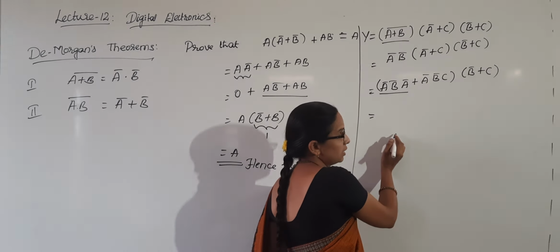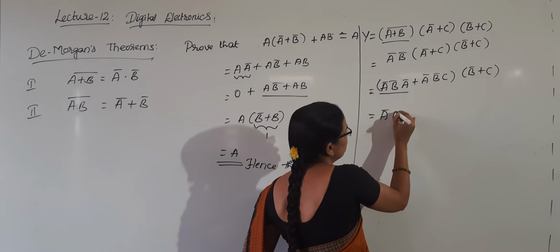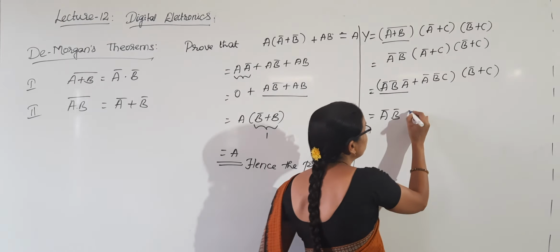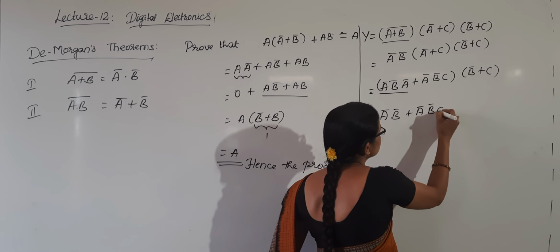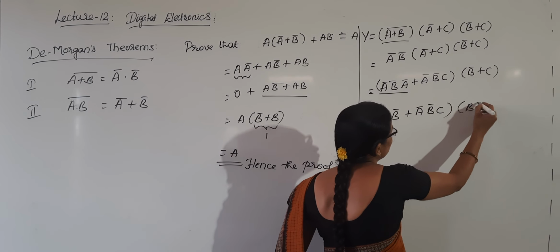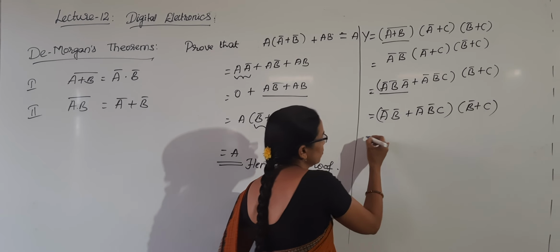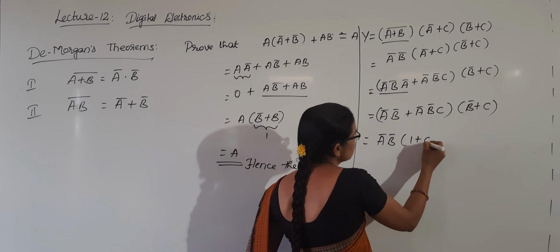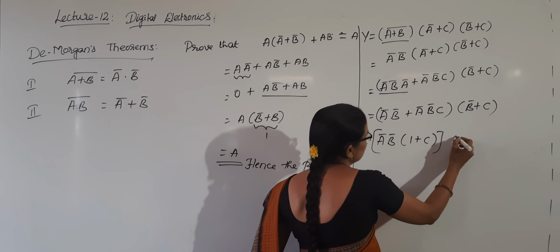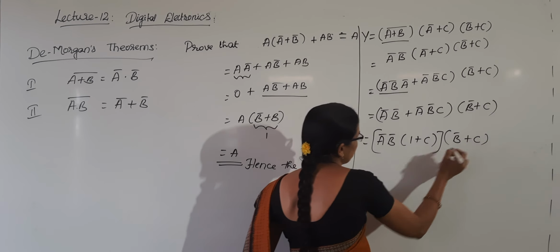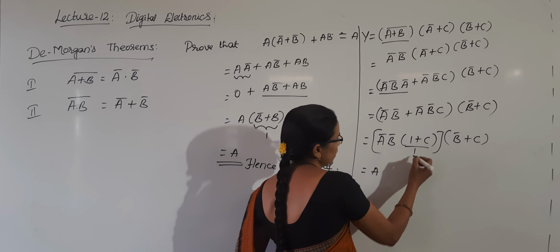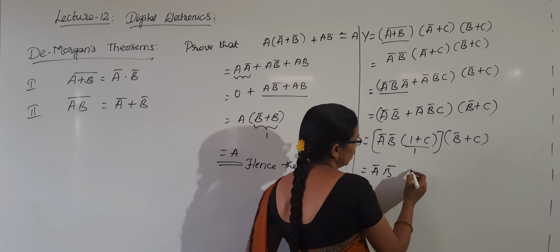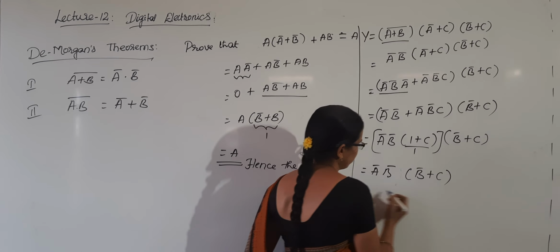A bar twice it is, so only one a bar you can write. A into a is a, a bar into a bar is a bar, plus a bar b bar c into b bar plus c. Here I will take a bar b bar common, 1 plus c is again 1, so a bar b bar into b bar plus c.